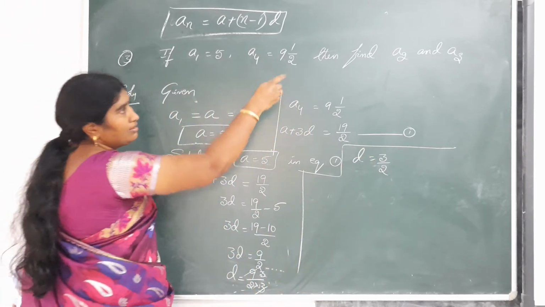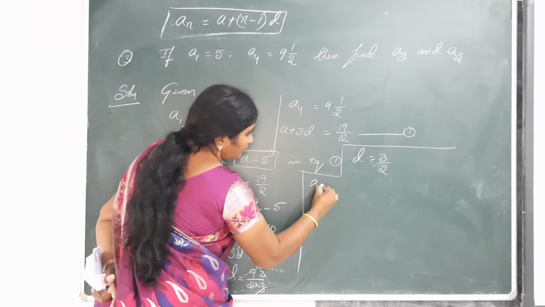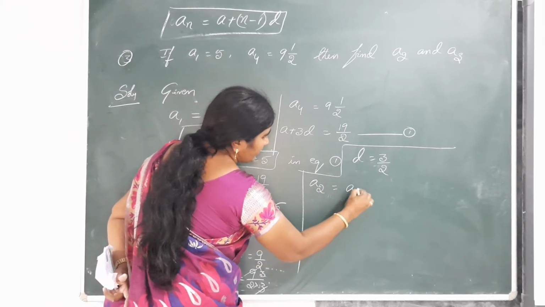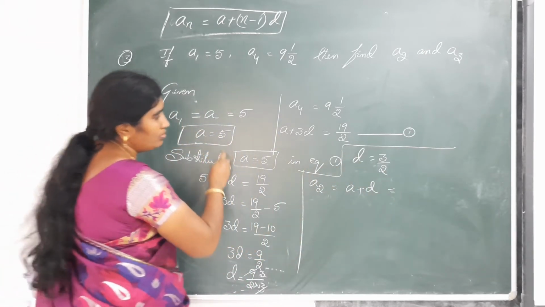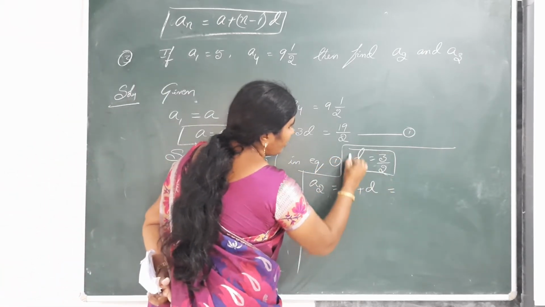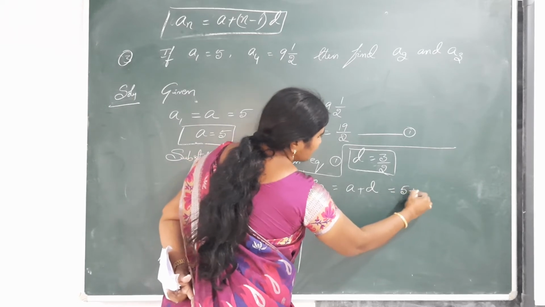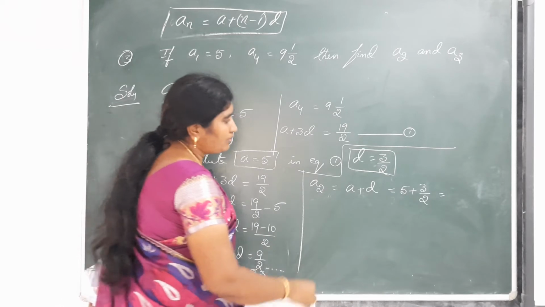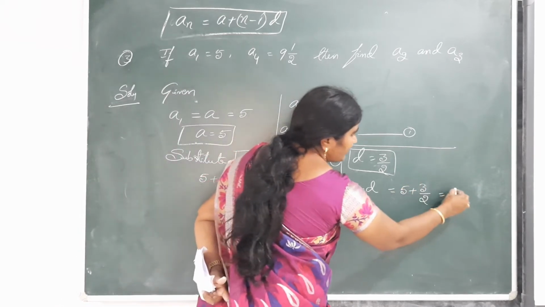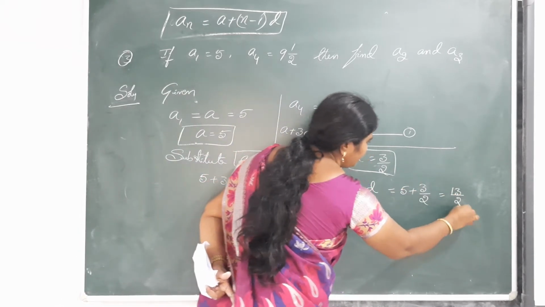Next, we can write A2 easily. The A2 relation is A plus D. Here the A value is 5 and the D value is 3 by 2, so 5 plus 3 by 2. 5 times 2 is 10, 10 plus 3 is 13 by 2.